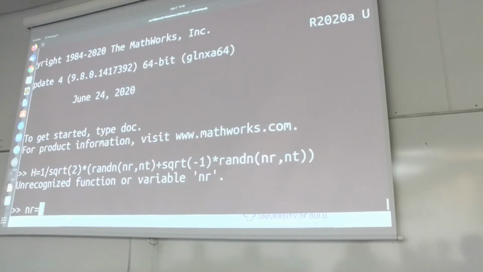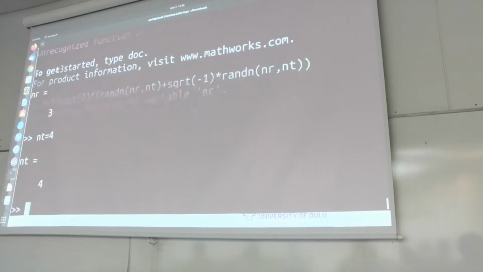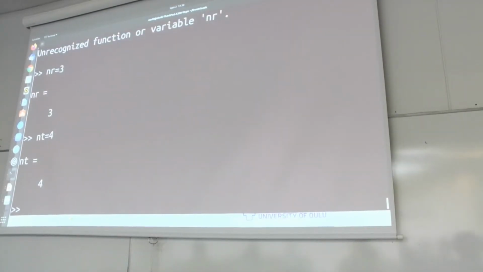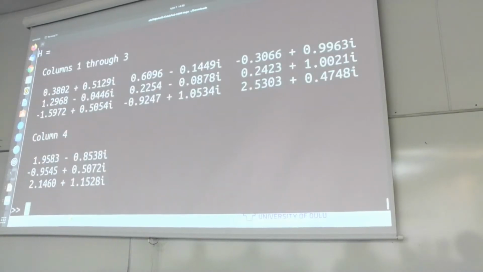So NR, let's say, is 3, and NT is 4. So now we can generate the channel matrix H, which is 3 by 4.